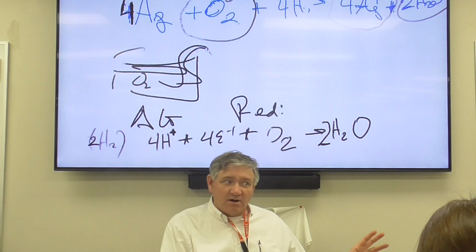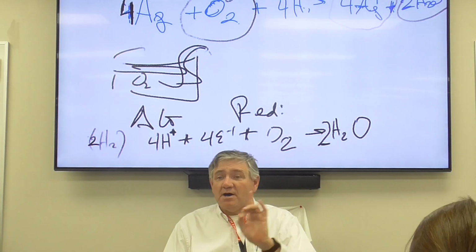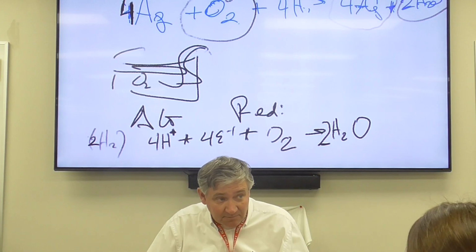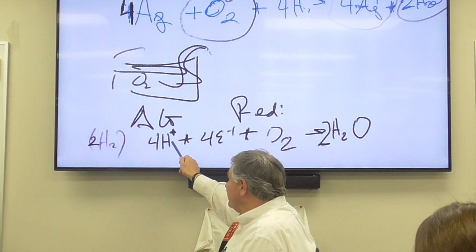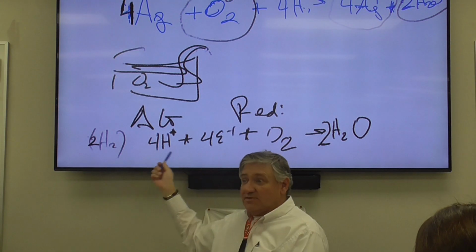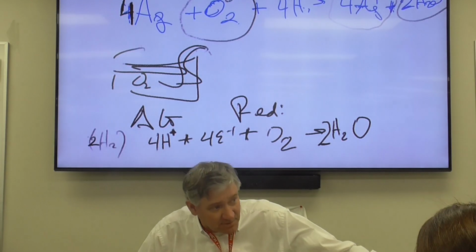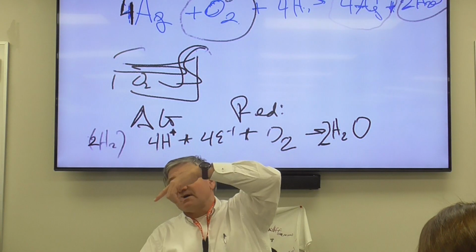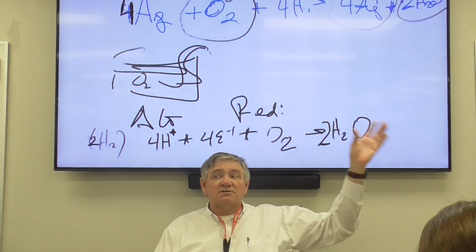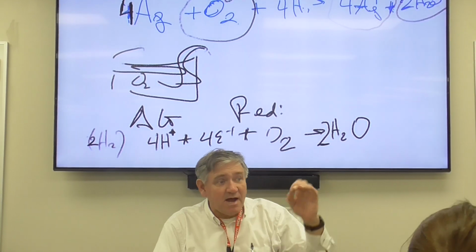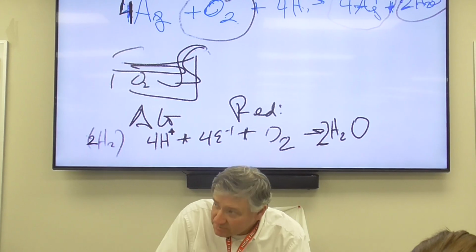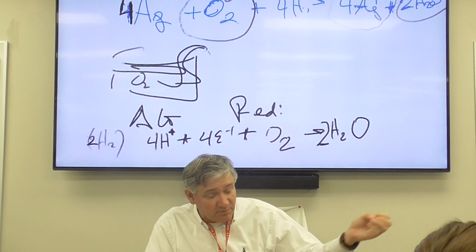But by putting the 4 hydronium ions, which makes it an acidic environment, now I've got 4 positive charges here and 4 negative charges over there. The whole left side adds up to 0, the right side adds up to 0. Now I'm balanced on both. That's why you have to balance both the number of particles and charge. That's why it's 4H+.